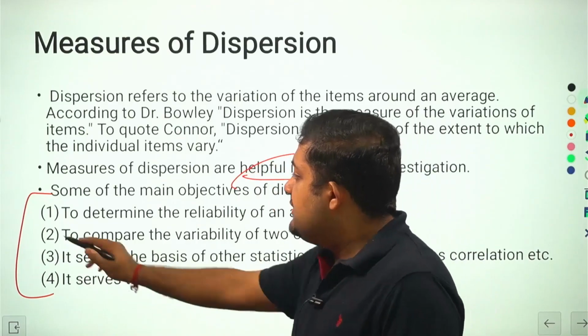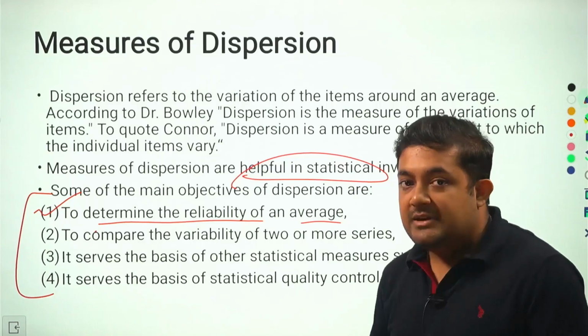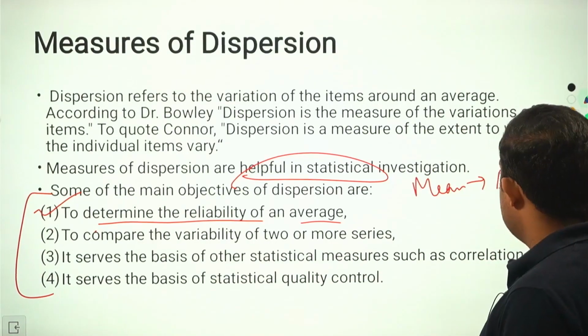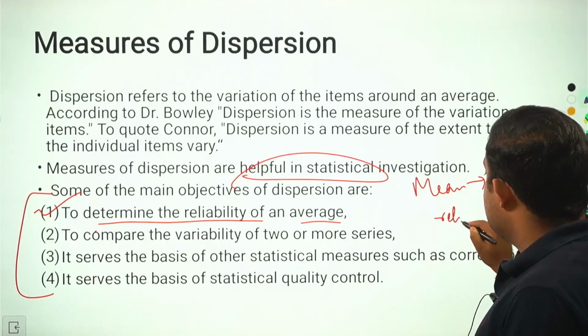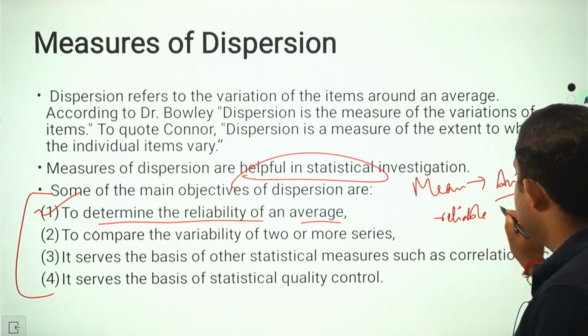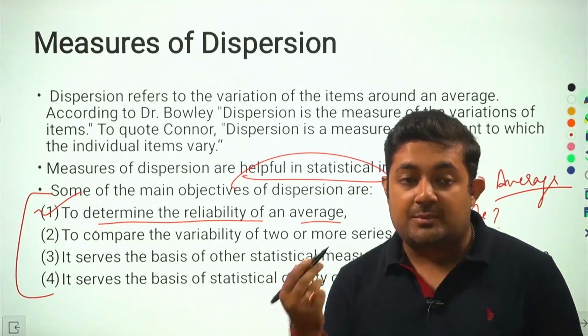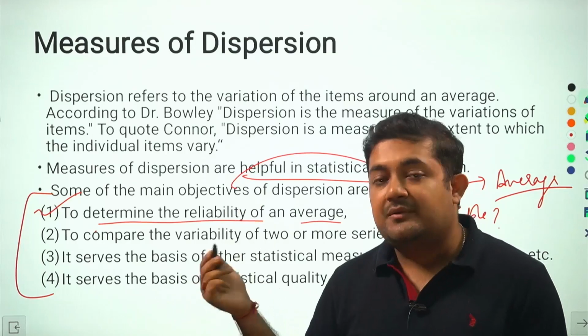The first one is to determine the reliability of an average. When we use mean and get an average, is that average reliable or not? Can we accept that average or not? We check that with the help of dispersion.